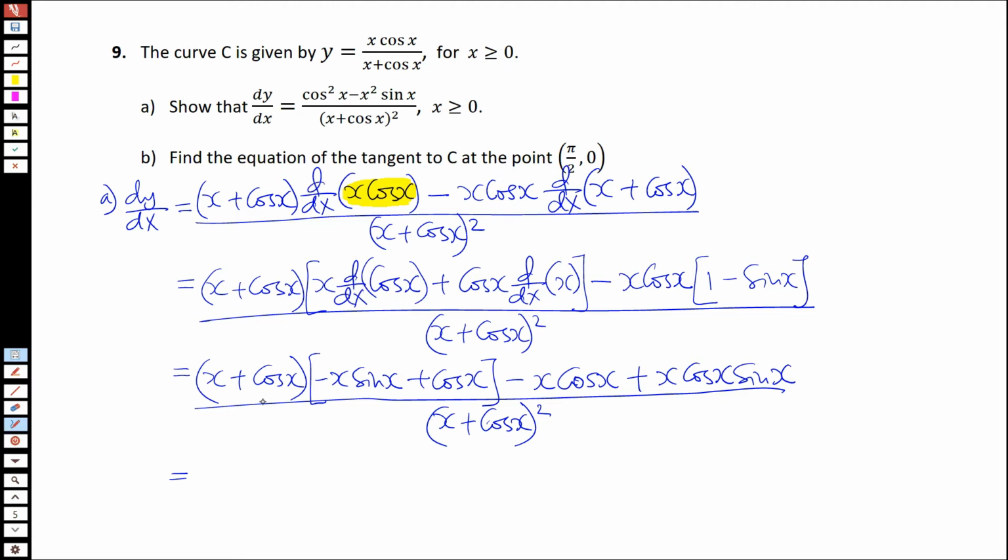We can FOIL the first two terms here, this one and this one.